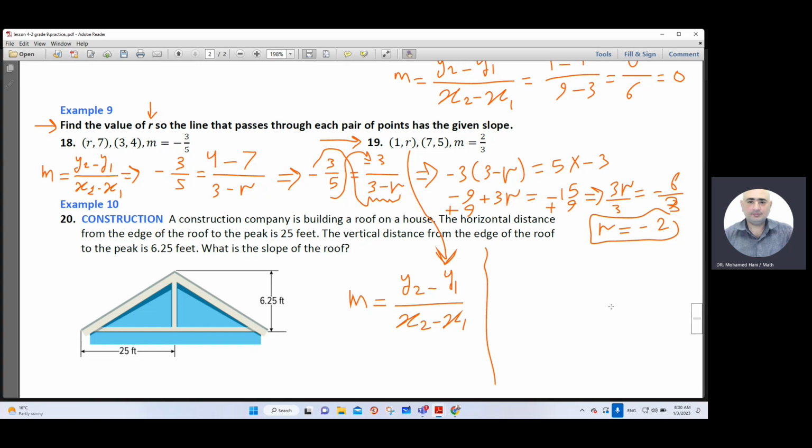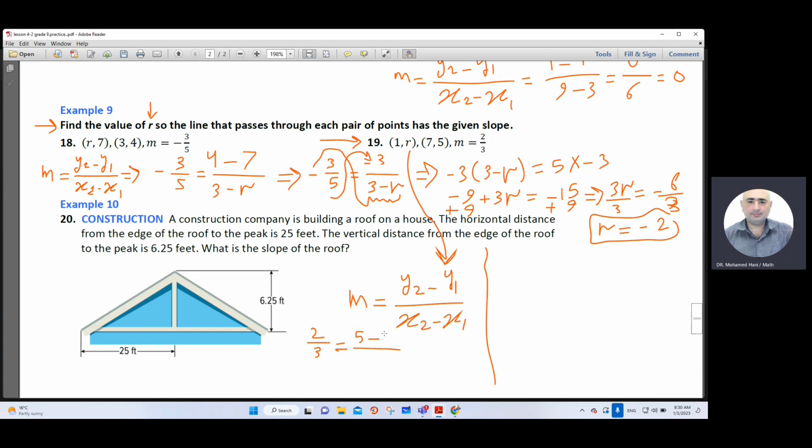r equals 1. Thank you, Milad. Listen please. Start from the same rule of the slope. Substitute the values. What is the value of m? 2 over 3 equals y2, which will be 5, minus y1. y1 will be what?